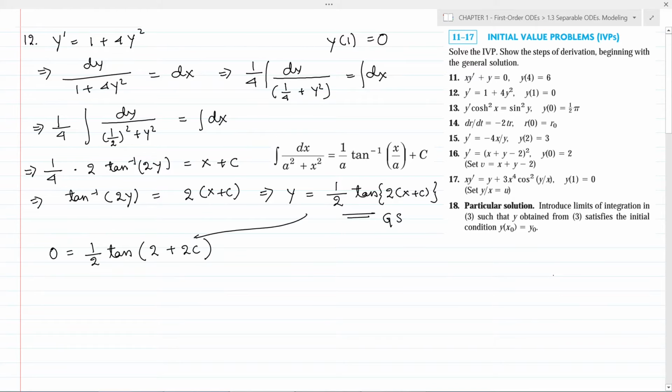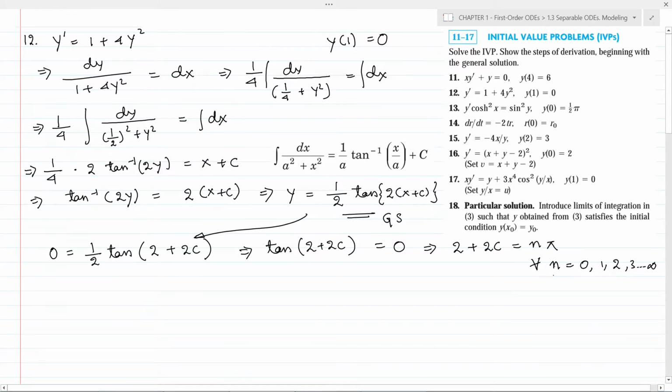From the general solution we can write this by substituting x is equal to 1 and y is equal to 0, and from this we can write tan of (2 + 2c) is equal to 0, which implies 2 + 2c is equal to n pi for all n is equal to 0, 1, 2, 3 up to infinity.